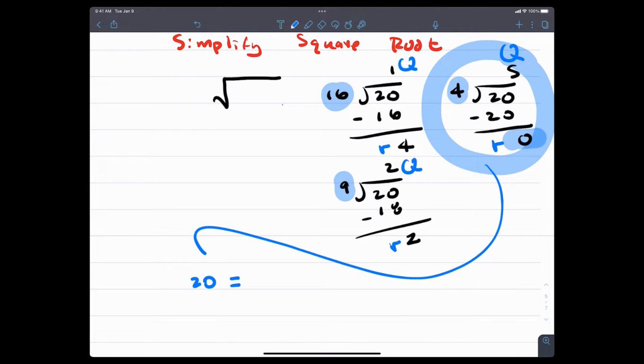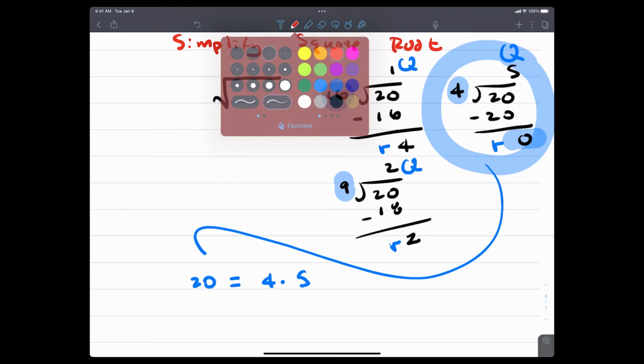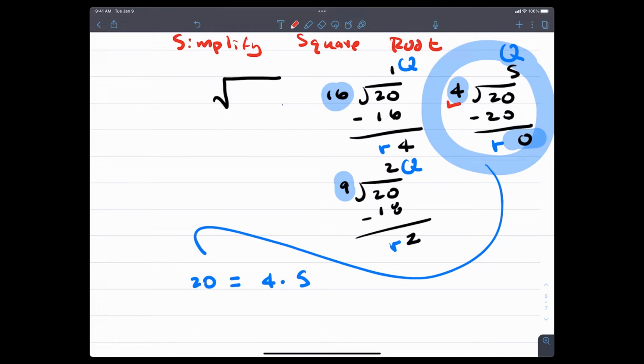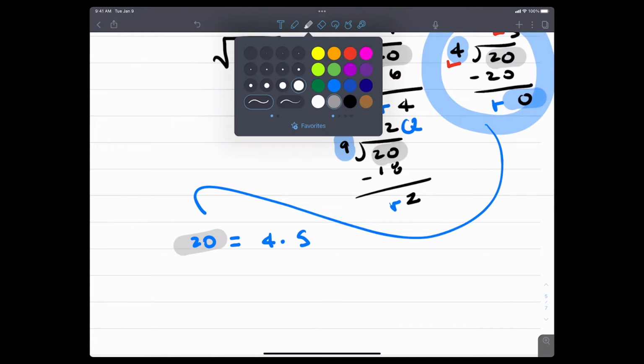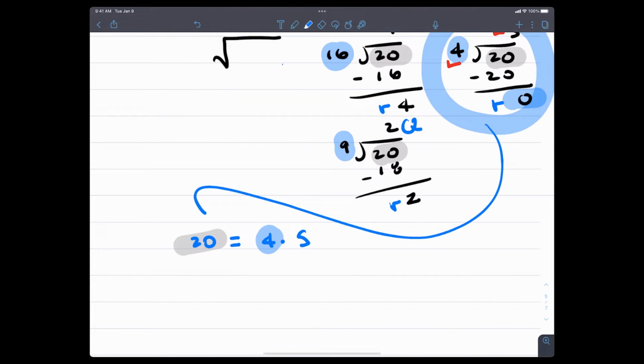Write the 20 as 4 times the quotient. You're going to use the perfect square 4 and the quotient. Isn't it true that the number 20, this is what was under the radical, is written as that perfect square of 4 times the quotient of 5?